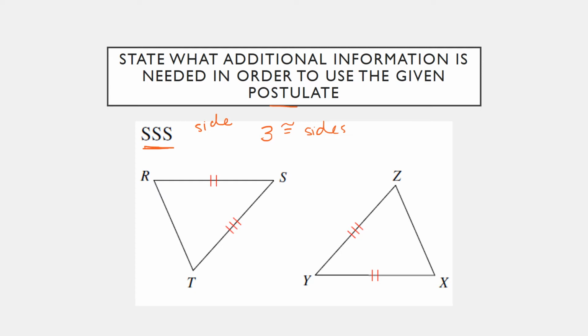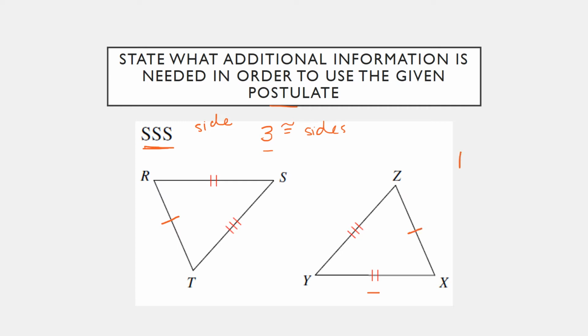If you look at the triangles we already have, it shows us that RS is congruent to XY. We also know that GS is congruent to ZY. So in order for this to be SSS, I would have to have all three sides congruent. So the additional information I would need is to show that RT is congruent to XZ.